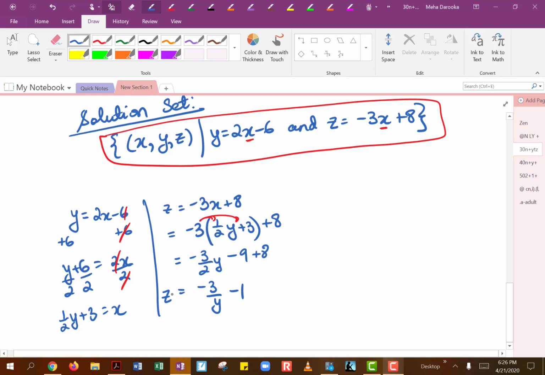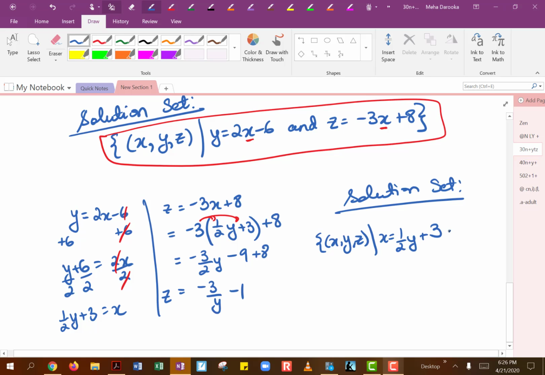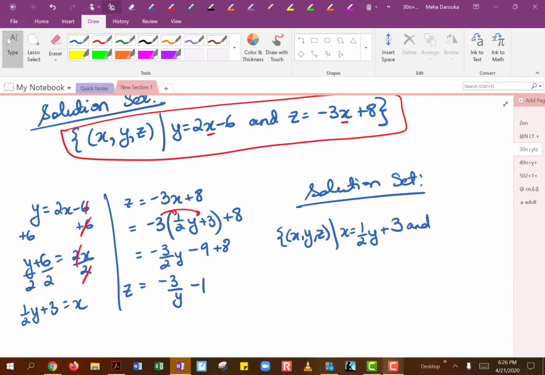So when you write your solution set for this, these equations would end up looking like x, y, and z as our ordered triple, and then we would say x equals 1/2 y plus 3 and z equals, oh, what did I do?